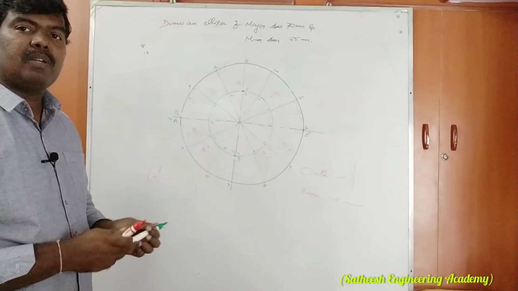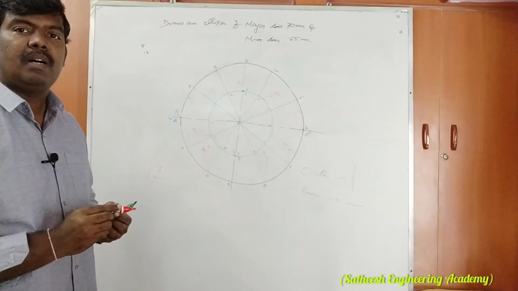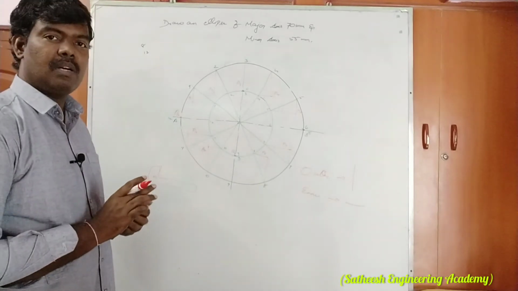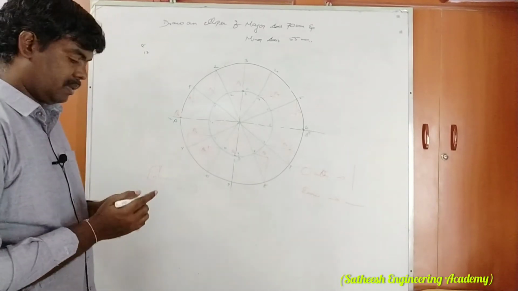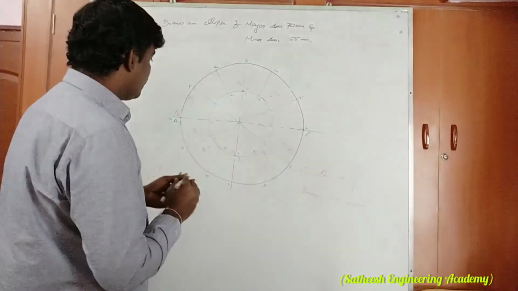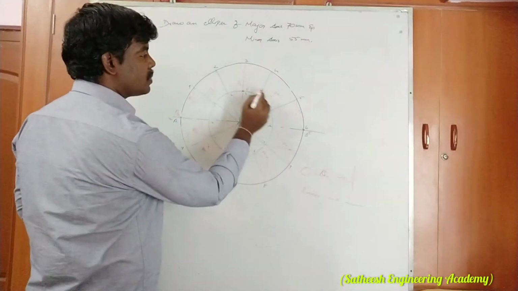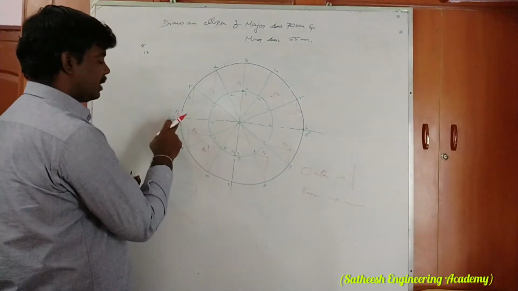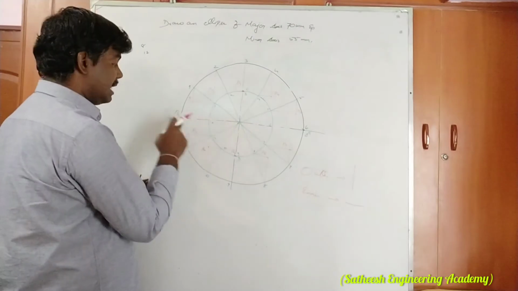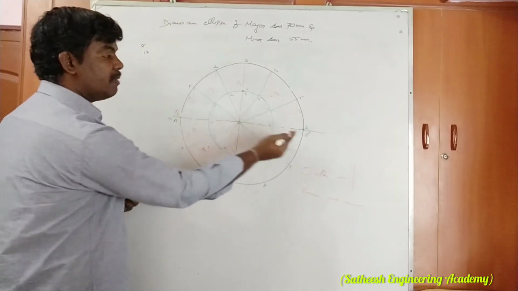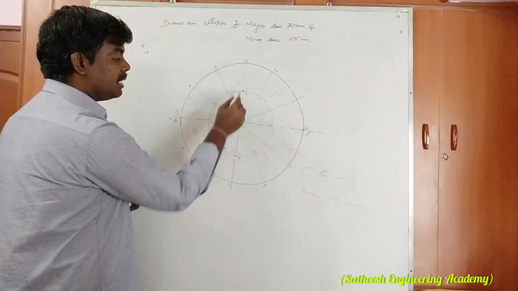So now by using freehand curve, the freehand curve practice you made, it's very helpful. Now you join all the locus points P1, 2, 3, 4, including A, B, C, D, because the A and B are P12 and P6, C and D are P3 and P9.